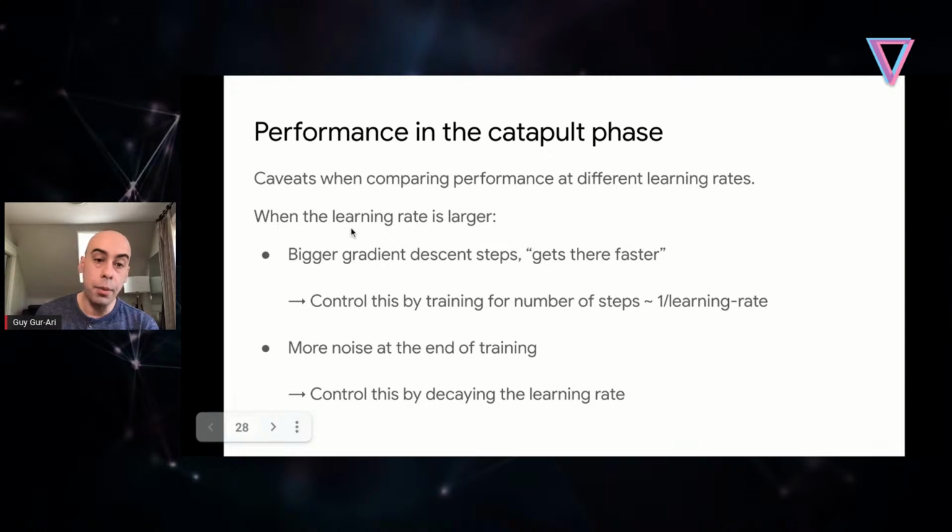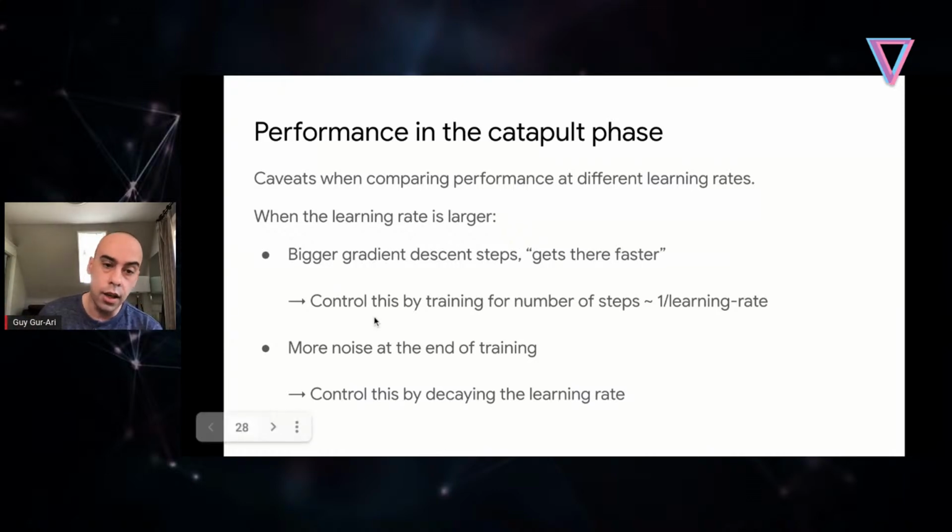So there are two sort of trivial effects that happen when we make the learning rate larger that we want to control for. The first is that larger learning rates mean that we're taking just bigger gradient descent steps. Smaller learning rates might be just as good, except that the larger learning rates are going to just get to the minimum faster, right? So that's not an interesting effect.